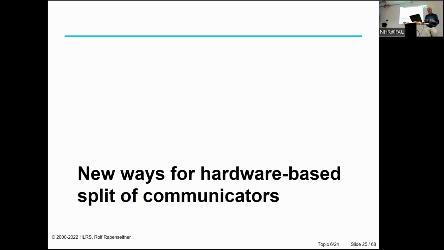And the next topic is new ways for hardware-based split of communicators. With MPI 3, we have this MPI split type to split MPI comm world or other communicators into shared memory islands. This was often used for optimizations because then you can do things at very high speed inside of a shared memory system, and other communication in between.